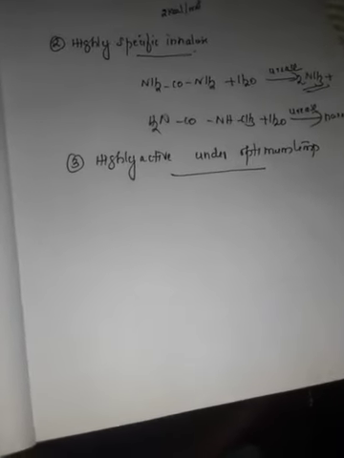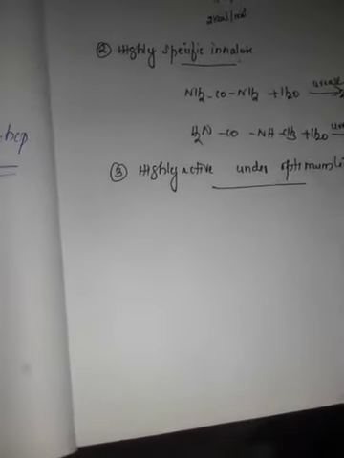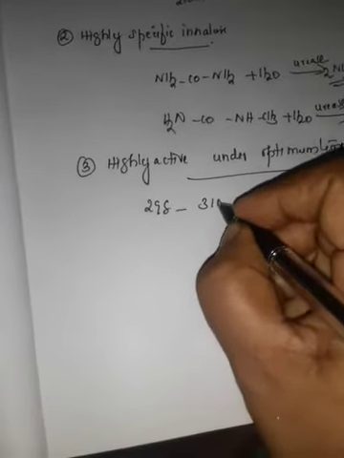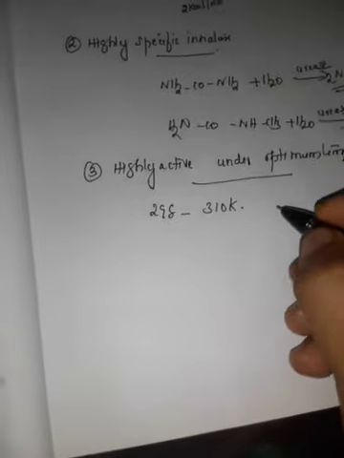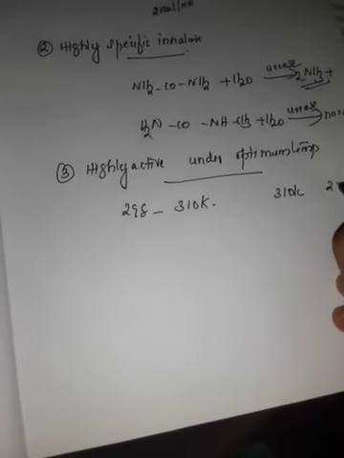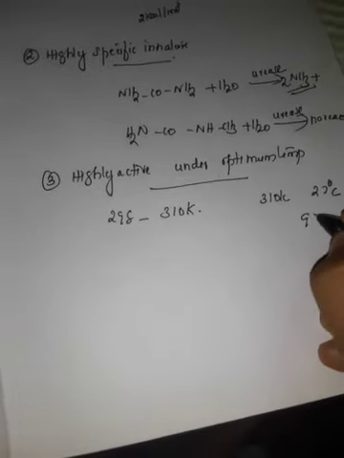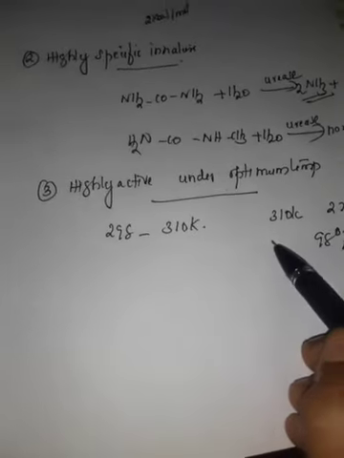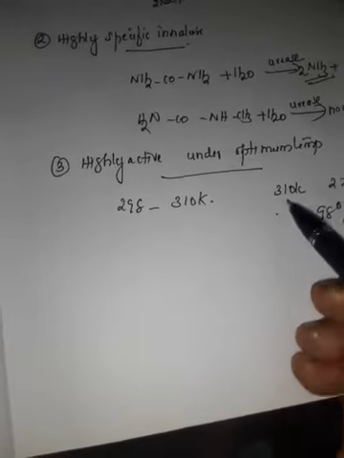So, optimum temperature for enzymatic catalyst activity is 298 to 310 Kelvin. Human body temperature is 310 Kelvin, or 37 degrees Celsius, or 98 degree Fahrenheit. So this temperature, 310 Kelvin, is suited for enzyme catalyst reaction.